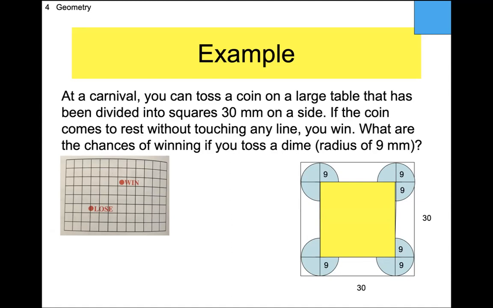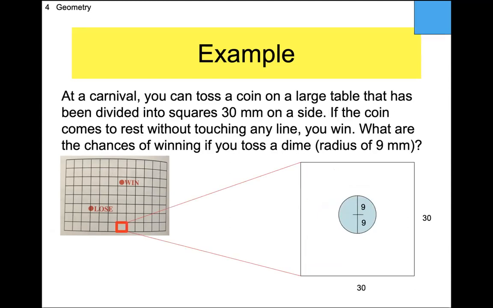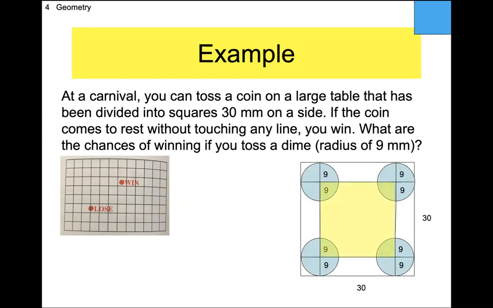If the center of your dime is inside the yellow, then you won't touch the black lines on the outside of the square. So once again, I need to calculate the area of the yellow and compare it to the area of the entire square.